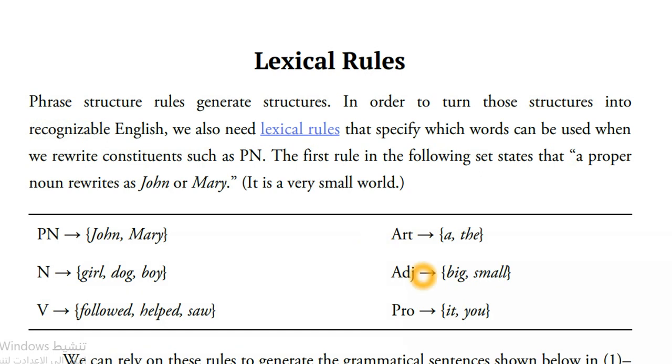We cannot draw any tree diagram without recognizing that big or small, hard, difficult, all these words are under adjective. If you make a mistake, like adding the word small under noun, all the structure that you draw will be totally upside down and wrong. That's why we have to understand the structures.